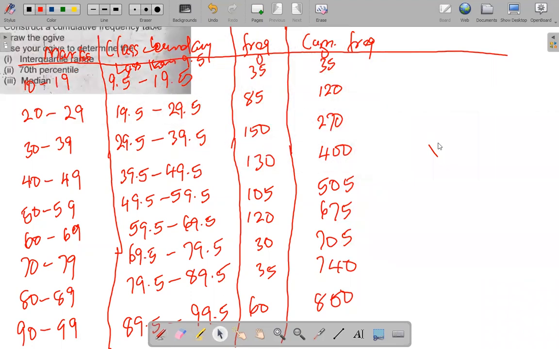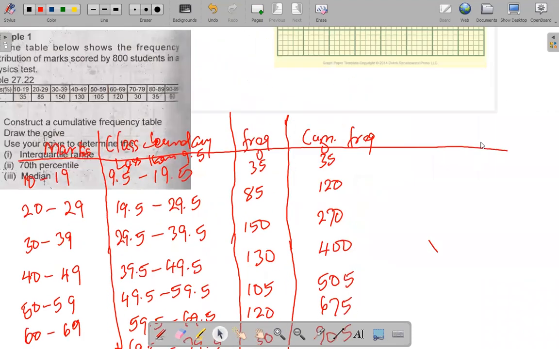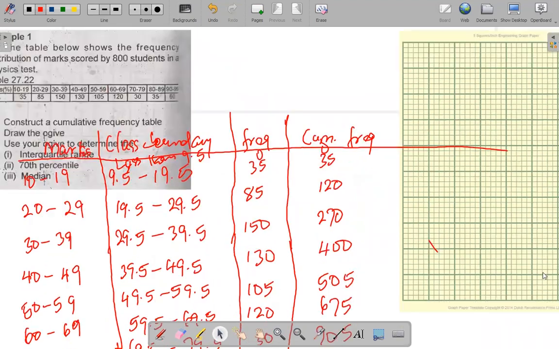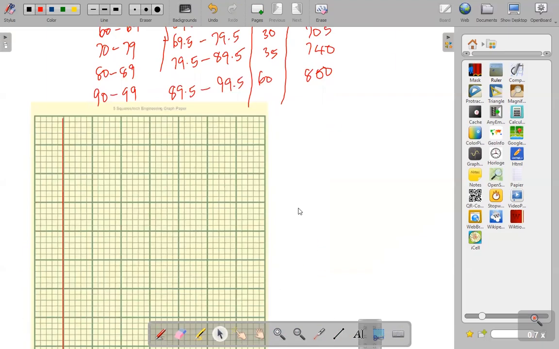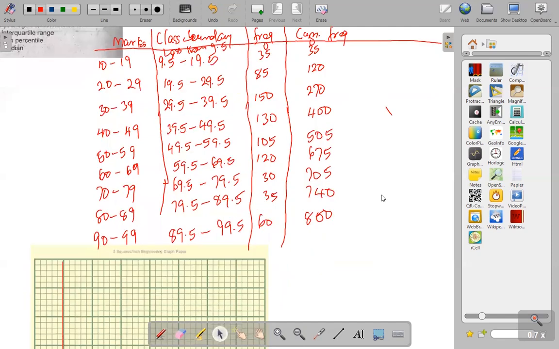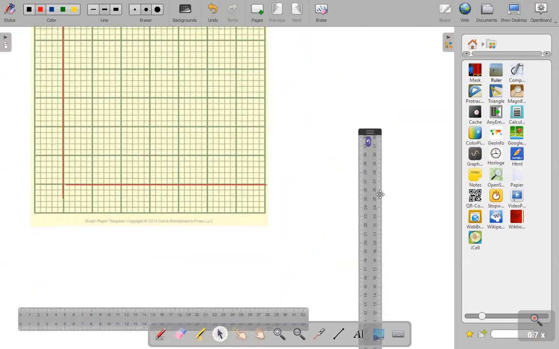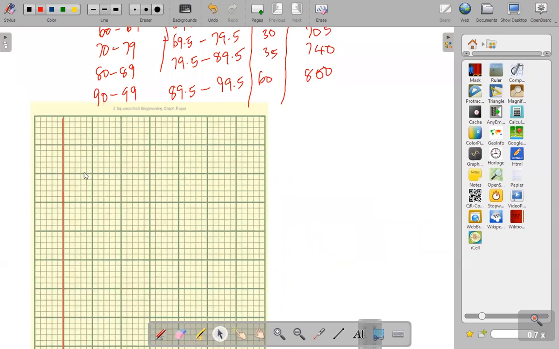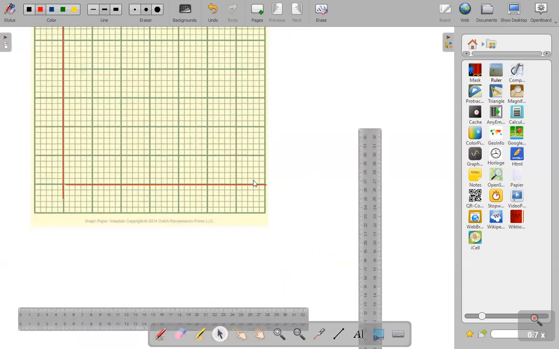So let's bring our graph down here. Okay, so here is our graph sheet prepared for the Ogive. Now the question is, how do we choose a scale that will accommodate these items we have in the cumulative frequency? Remember that to plot an Ogive, we put the cumulative frequency on the y-axis and the class boundary on the x-axis.